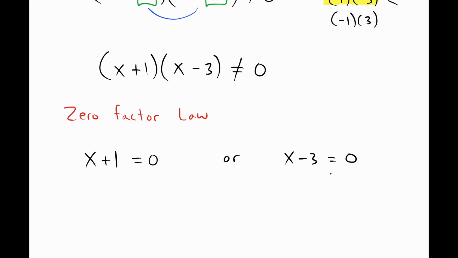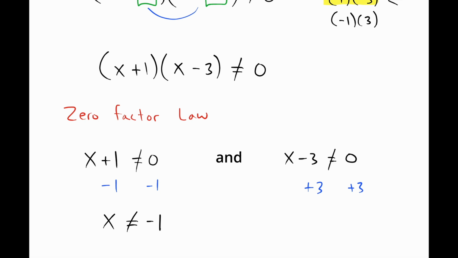Usually that's how we write the zero factor law, but I'm keeping in mind here that I need this x plus 1 to not be 0, and I need the x minus 3 to not be 0 too. Now I'll solve these each individually with algebra, and we see that x cannot be negative 1.